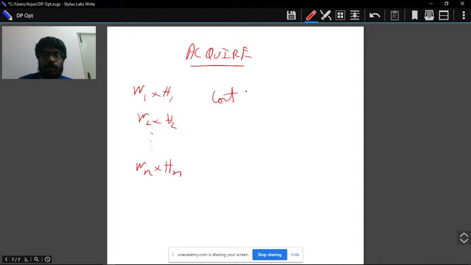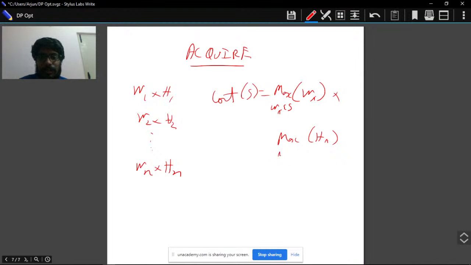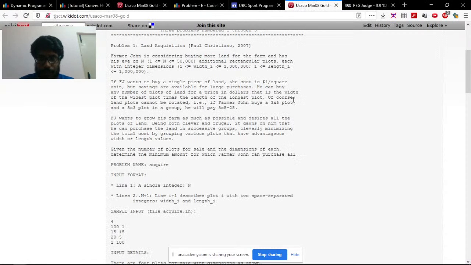The cost of S, where S is a subset of these, is max of wi for i in S, into max of hi for i in S. So this is the cost of a subset, and you have multiple subsets, and you add up all of this, and you want to minimize the total cost.